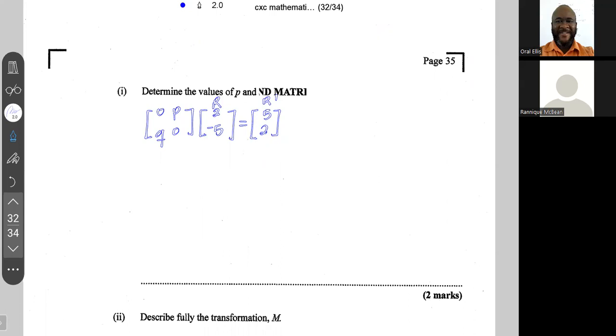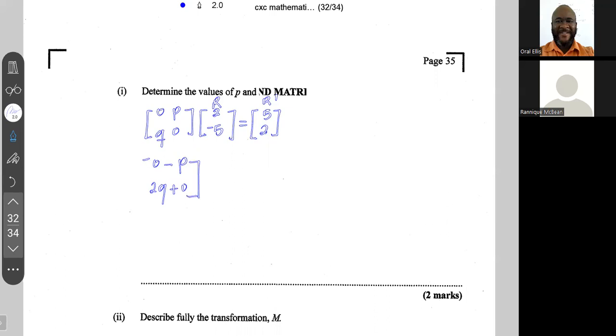So let's multiply. This is 0 times 2 is 0. p times minus 5 is minus p. That's the row times the column. Now the bottom row times the column. q times 2 is 2q, and then 0 times 5 is 0.